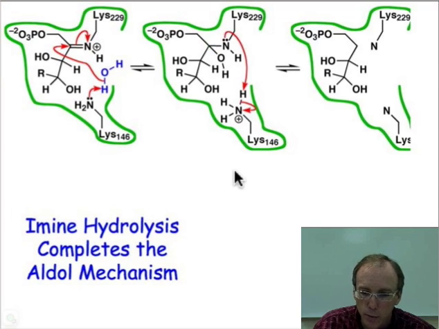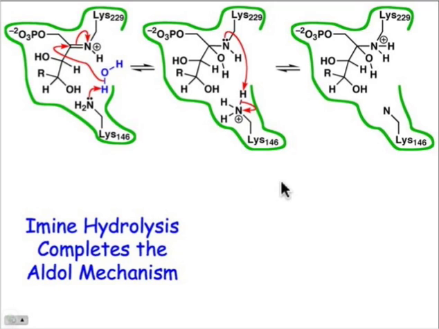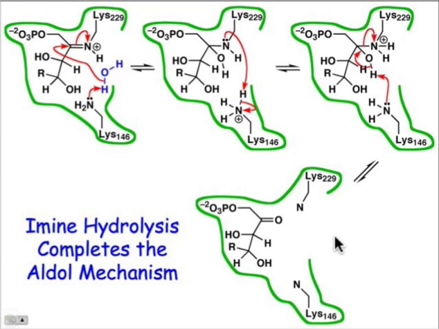There's going to be a proton transfer that's involved so that we can set up that lysine as a good leaving group, and now the lysine at 146 is going to be neutral and basic. It's going to be able to serve as a general base that can deprotonate the oxygen so that we can make a carbonyl and eliminate the ammonium group. That's exactly what happens next, and we've got our product released. The two amino groups in the aldolase enzyme have returned, one to be protonated, the other to be neutral, and the mechanism is complete.